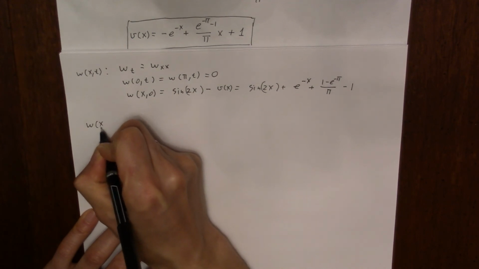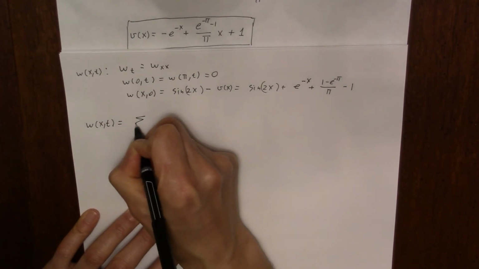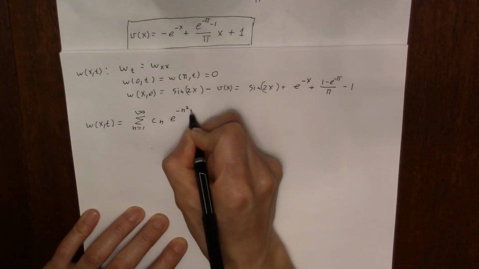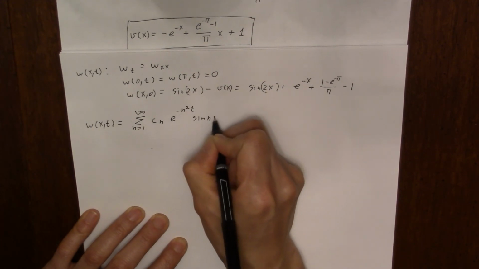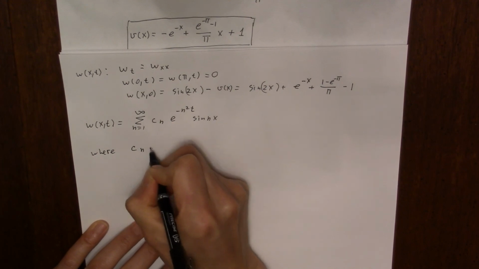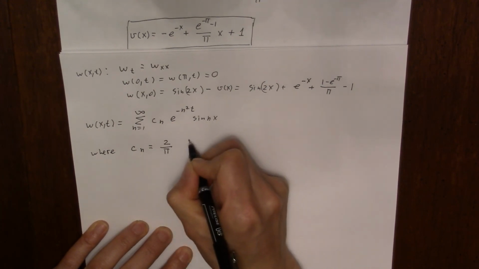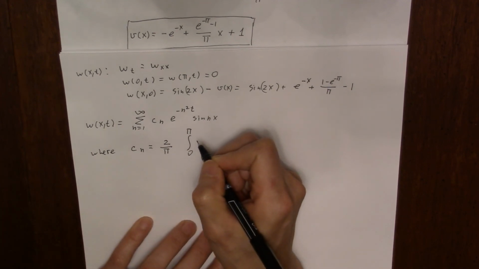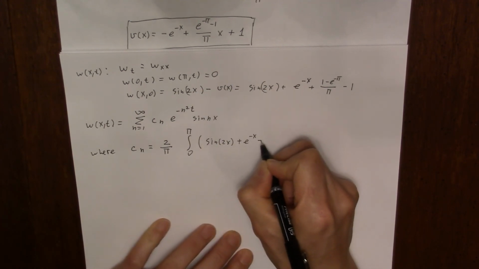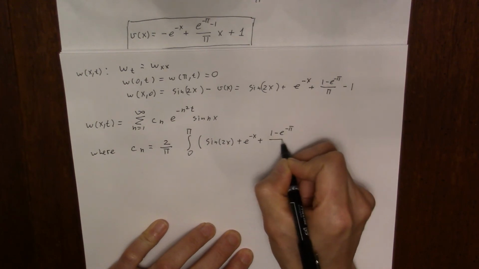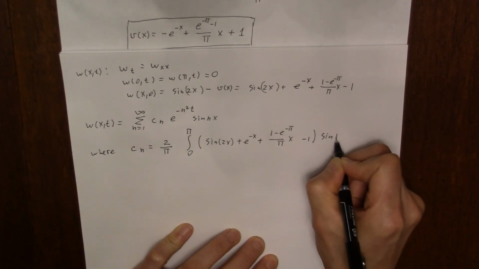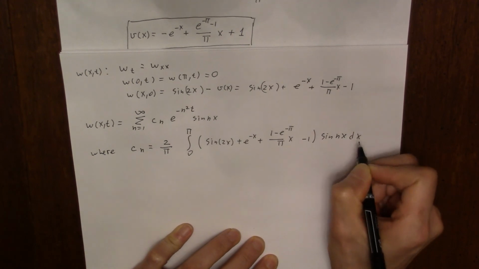So w of x, t is going to be equal to the sum from n equals 1 to infinity of cn e to the negative n squared t sine nx, where cn equals 2 over pi integral 0 to pi of the initial condition, minus e to the negative pi over pi x minus 1, times sine of nx dx.